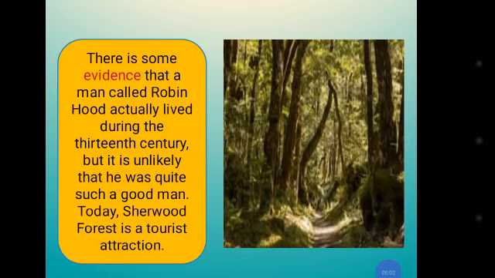There is some evidence that a man called Robin Hood actually lived during the 13th century. But it is unlikely that he was quite such a good man. Today, Sherwood Forest is a tourist attraction.